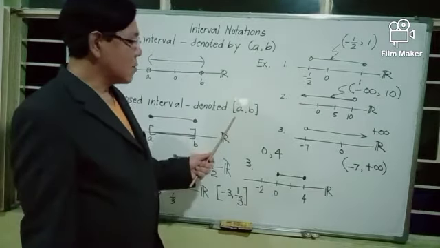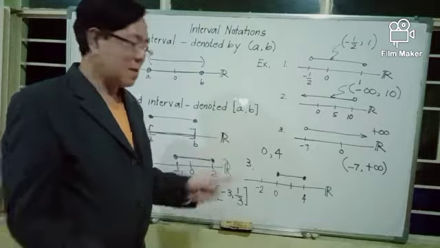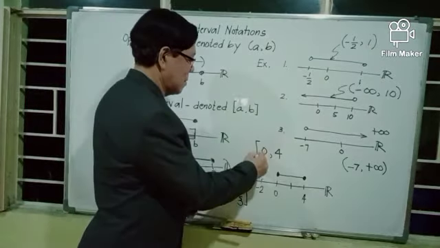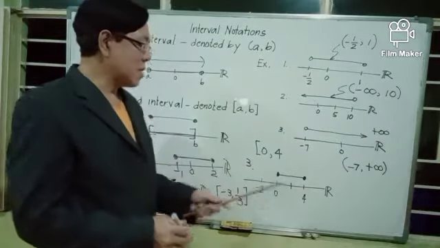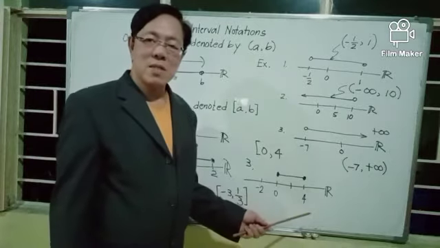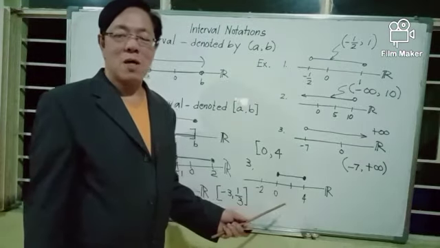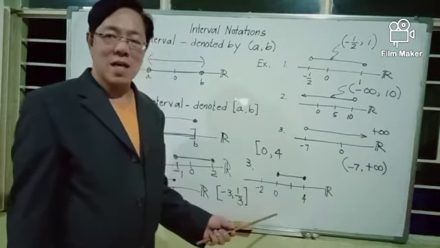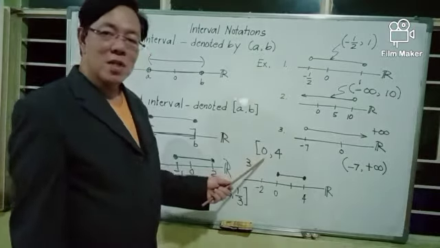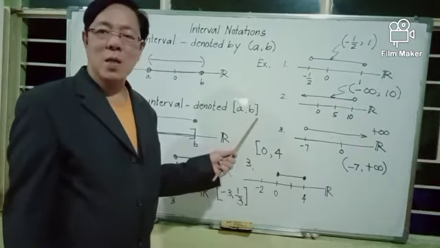And to indicate that, we use this bracket. We also have a shaded circle at 4, that means the real number 4 is also a member or element of the set. And in interval notation, we indicate that by this closed bracket.